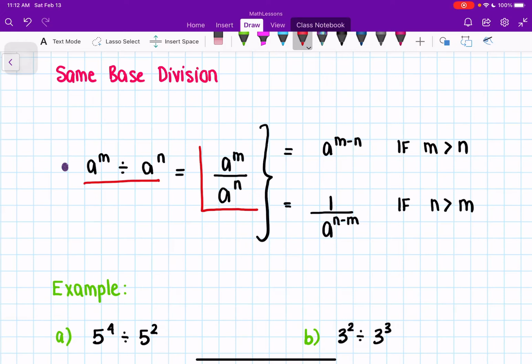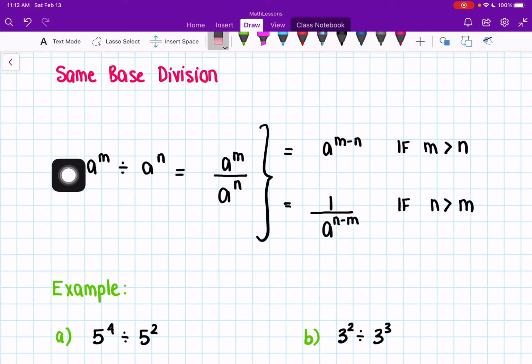When we get to more complicated algebra, we're not going to write it horizontally. We're actually going to write it vertically. So that's something to keep in mind. We don't want to keep it this way. We want to look at it like this.